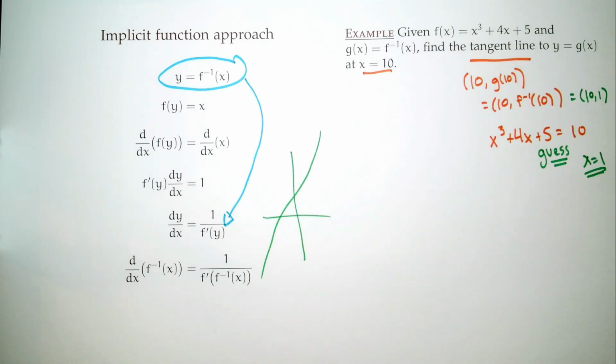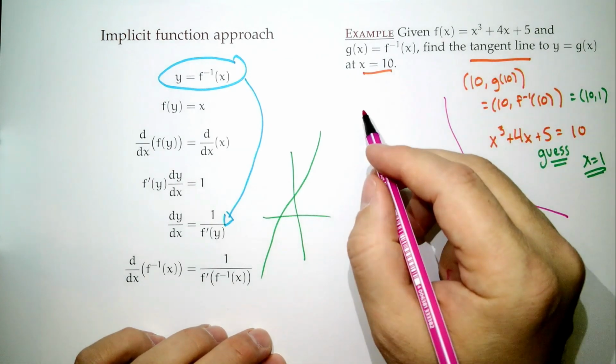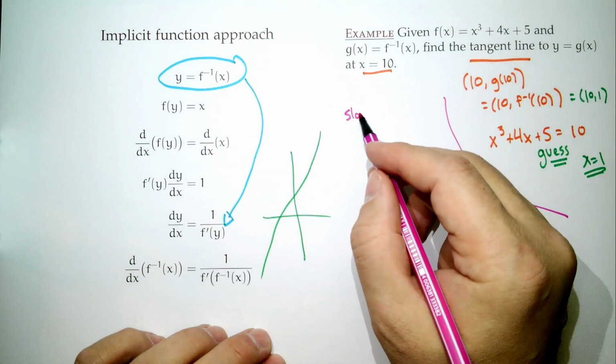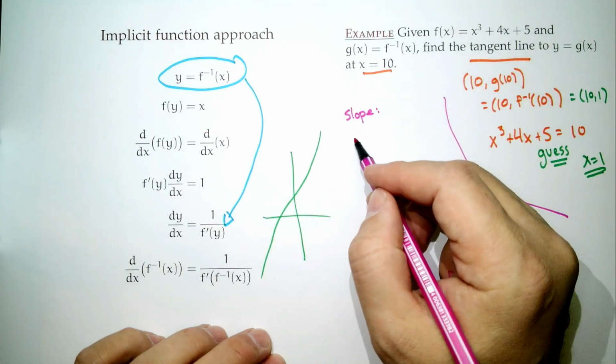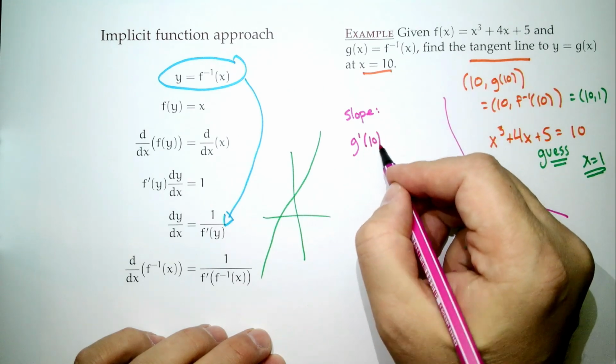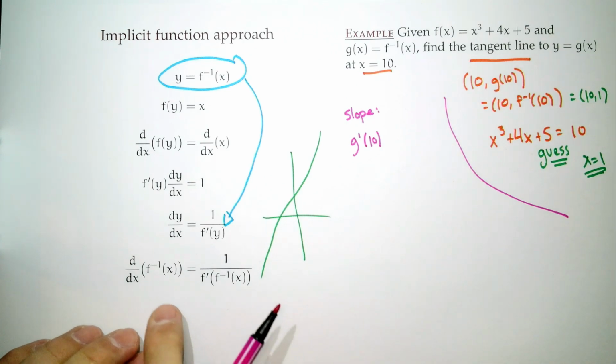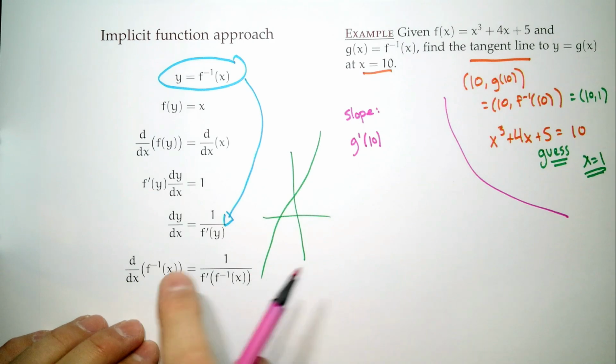Now, we're not done because we need our slope. Okay, so how do we do our slope? Well, for our slope, we need to find g prime at 10, because I need to find the derivative of the function at 10. So the derivative of g is the derivative of f inverse of x.